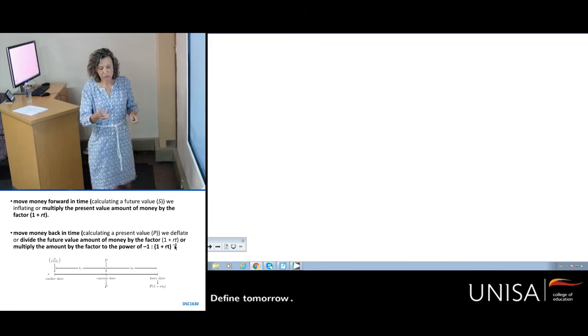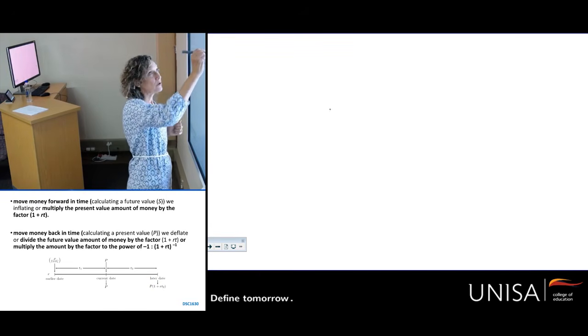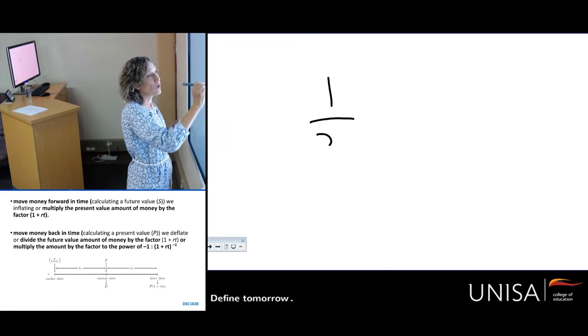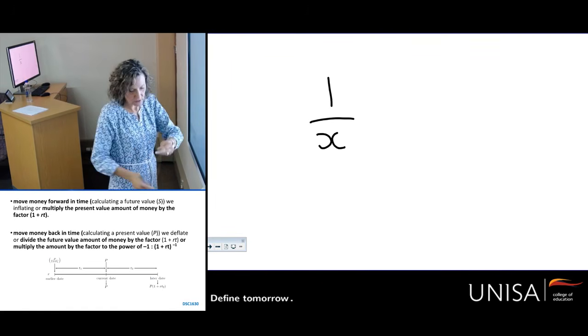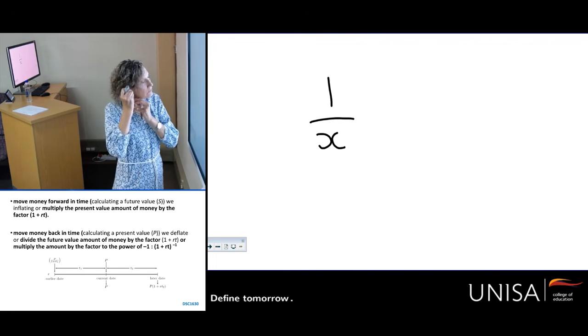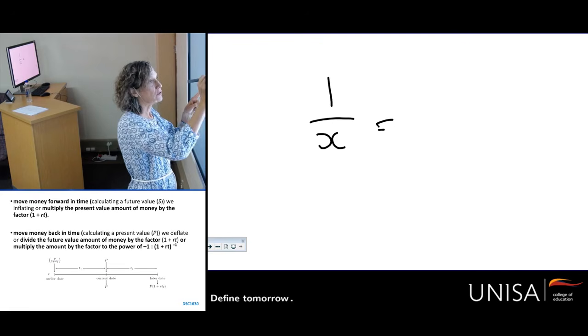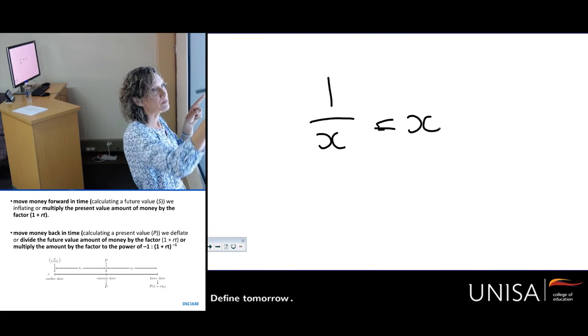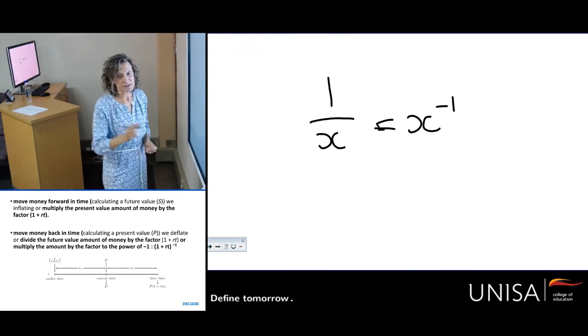Now guys, remember, go back to your maths at school. Can you remember when we had something like 1 over x, 1 divided by x? There goes my microphone again. 1 over x, that you could have written as x to the power of minus 1. Right? Now the same here.